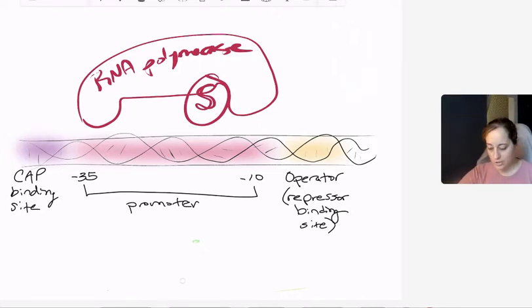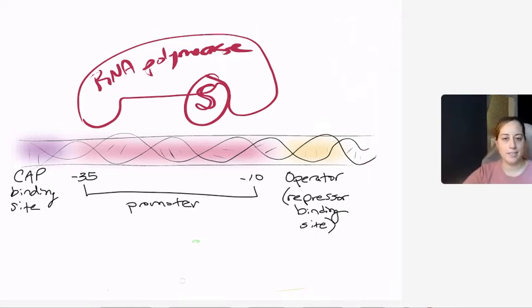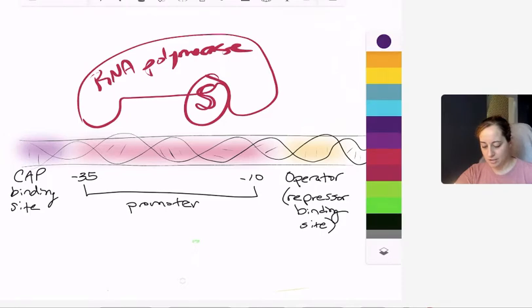Finally, we're going to talk about the cap binding site. Now, what the heck is this? This is not something we've probably heard about before, unless you talked about it in your general biology class. But the cap binding site is where a particular protein can bind. And actually, I need a little bit more space.